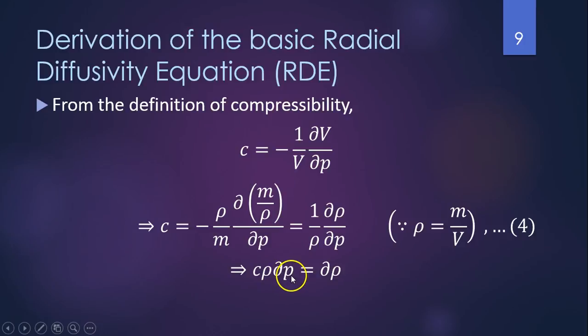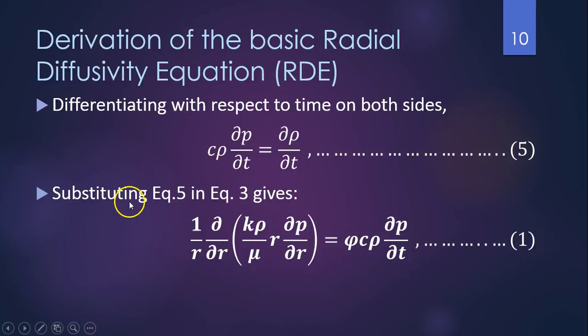So c ρ ∂p is equal to ∂ρ. So ∂ρ/∂p will be equal to c ρ ∂p/∂p. Substituting equation 5 in equation 3 gives 1 by r ∂/∂r of k ρ by μ r ∂p/∂r is equal to φ c ρ ∂p/∂t. Now there is no ∂ρ/∂p, there is ∂p/∂p. This was the equation we intended to derive, and we are now going to linearize it.